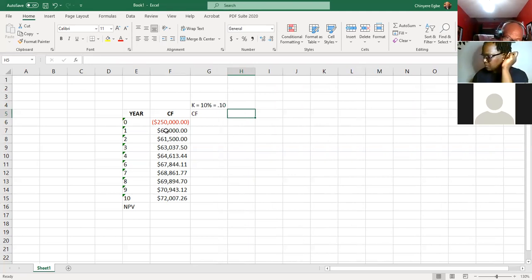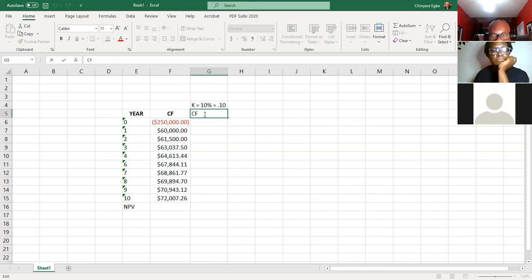The investment will yield you cash flows of 60,000, 61,000, 63, 64, 67, 68, 69, 70, and 72. So these are the anticipated cash flows for those 10 years. So if the cost of capital is 10%, is this investment worth it? So this is the cash flow, the discounted cash flow. We're going to call it DCF for each time period T.